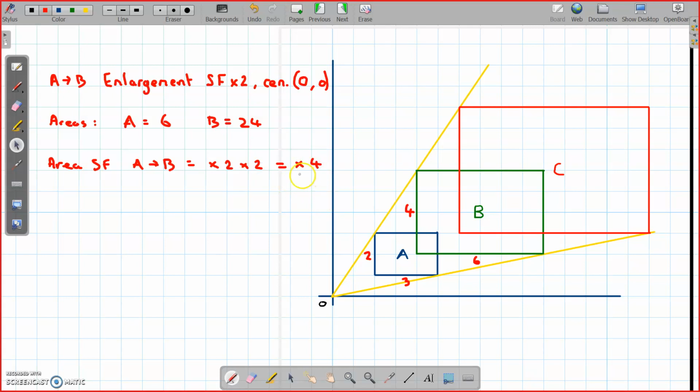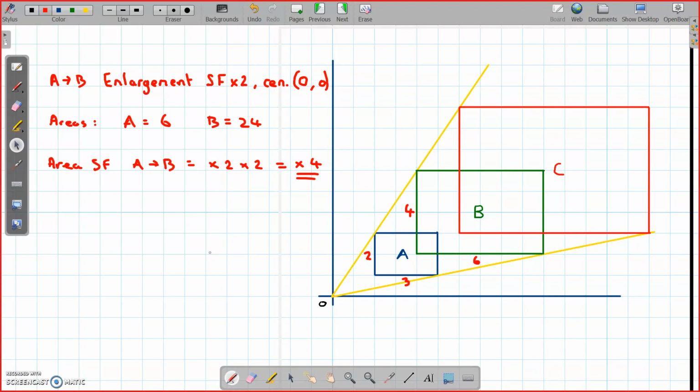In other words, if you times the length by 2 and the width by 2, you're doubling 2 dimensions, so the resulting effect is the same as timesing by 2 times 2, which is the same as timesing by 4.